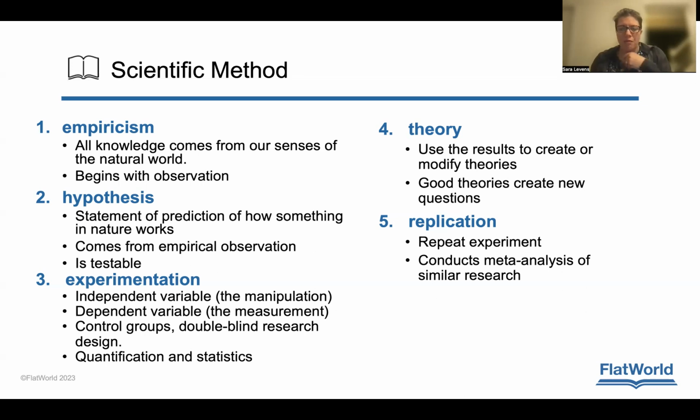Then you can also have double-blind research, which is when an experiment is being conducted and the participants are blind. They don't know which condition they're in, meaning a control condition or a treatment condition, for example. And the experimenters do not know what condition they're in. So the experimenter who's running the study does not know whether this person is in a control group or a treatment group.